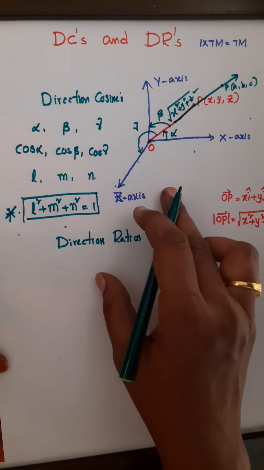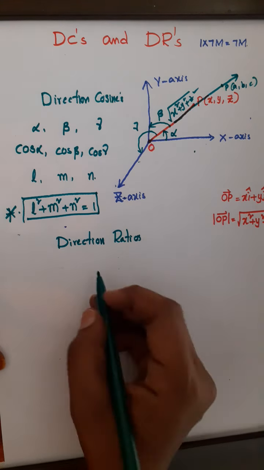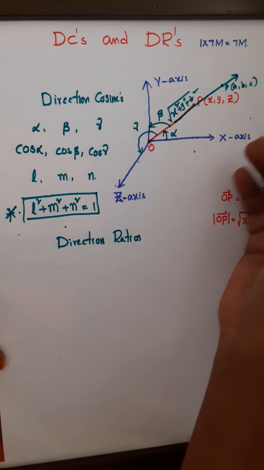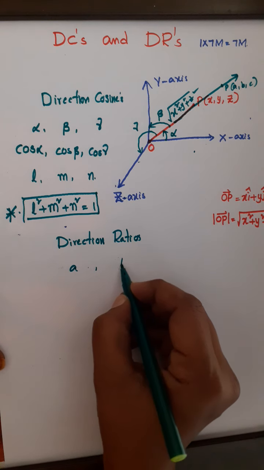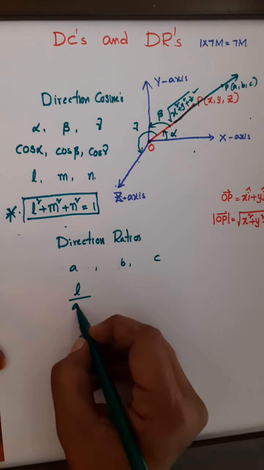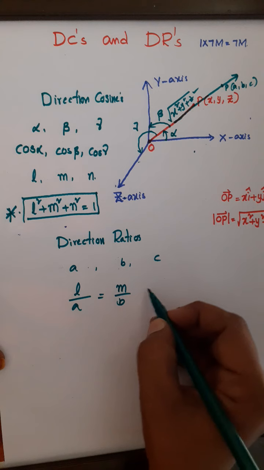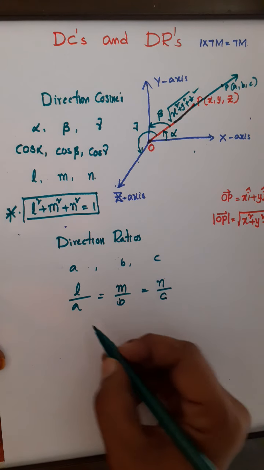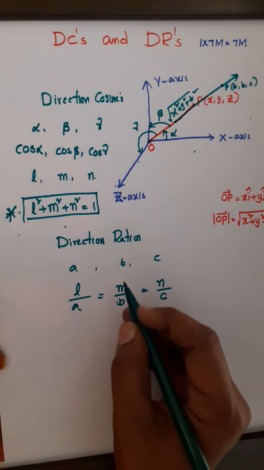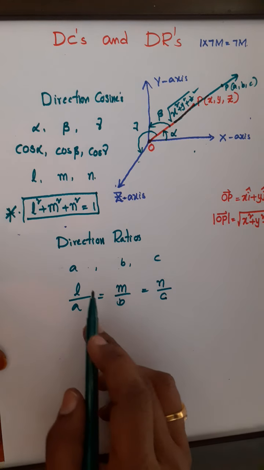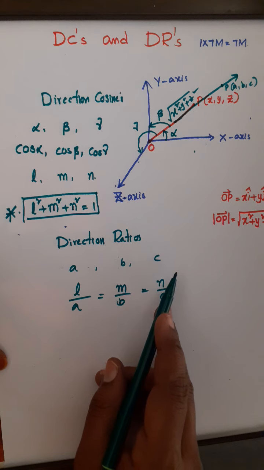So for such values of A, B, C, we get L by A is equal to M by B is equal to N by C. That means you are getting equal ratios. Such values are direction ratios. We call A, B, C direction ratios.